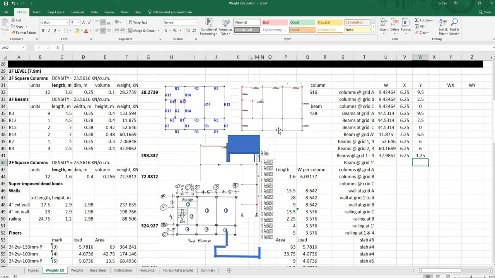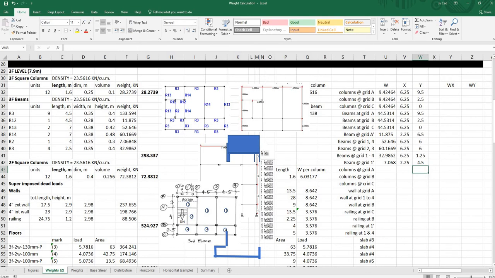At grid 1 prime, the volume is R2, which is 0.25 by 0.3, multiplied by the length na 4 meters times the density of concrete, 23.5616. Now the x-coordinate is 2.25, and then the y-coordinate is 2.5 plus half of 4, which will give us 4.5.